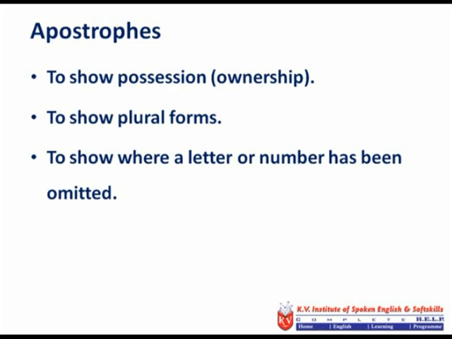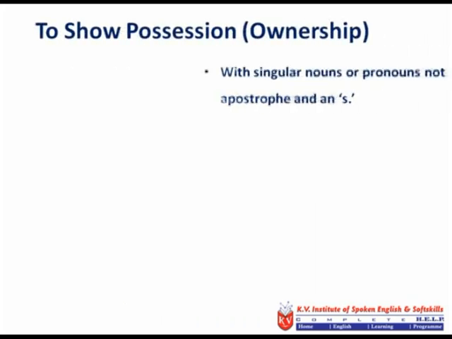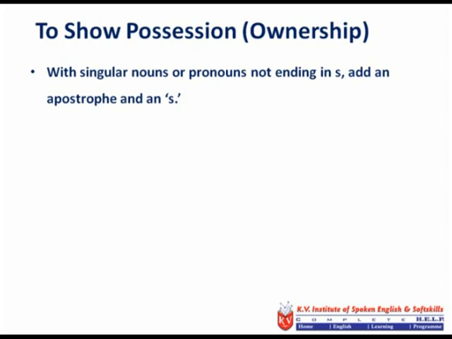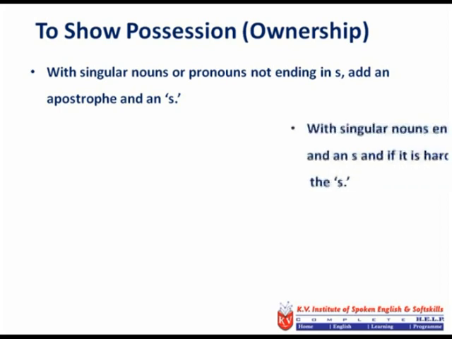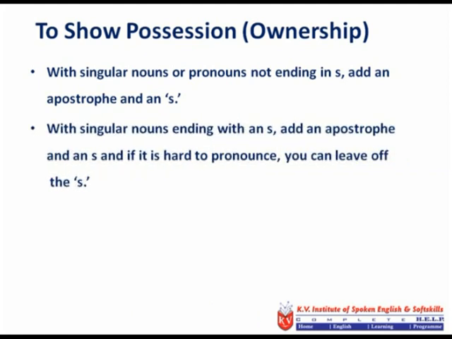You need to use an apostrophe to show possession. With singular nouns or pronouns not ending in s, add an apostrophe and an s. Example, a shirt, the shirt's color. With singular nouns ending with an s, add an apostrophe and an s. If it is hard to pronounce, you can leave off the s.